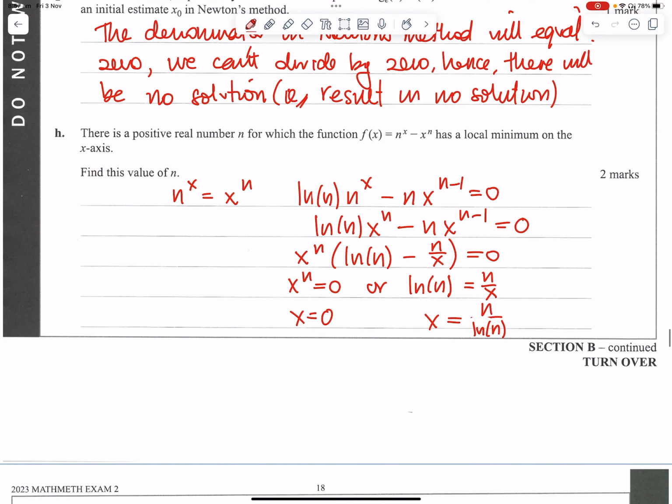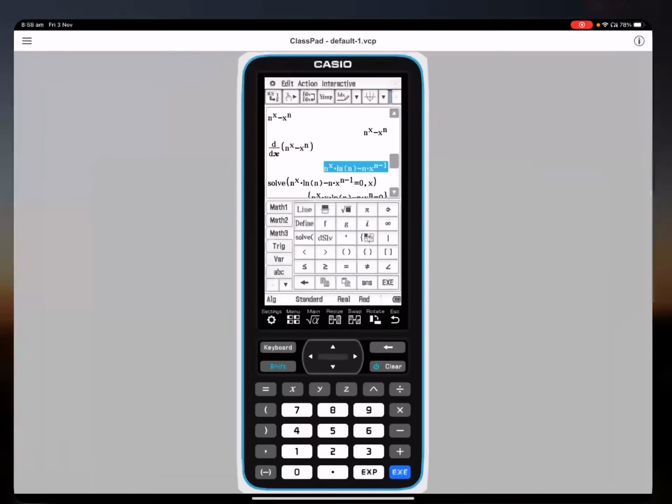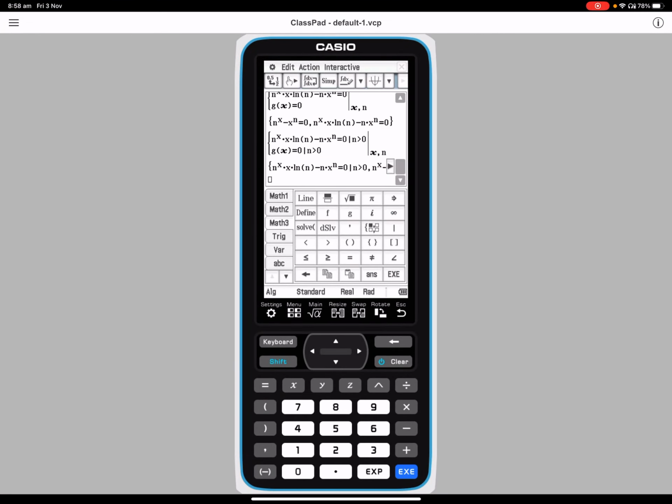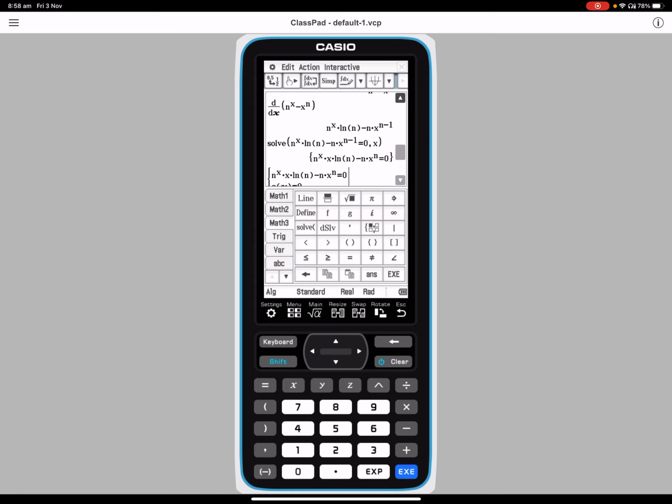Find the value of n. Now, if we sub 0 back into that, we're not going to get anything because it says a positive real number. If we sub that into there, n over log e n. So, did I call it f of x or g of x?